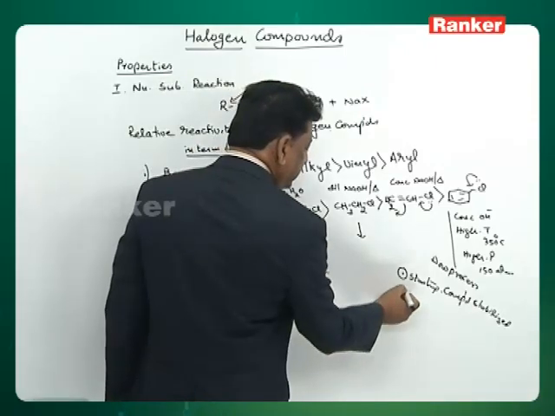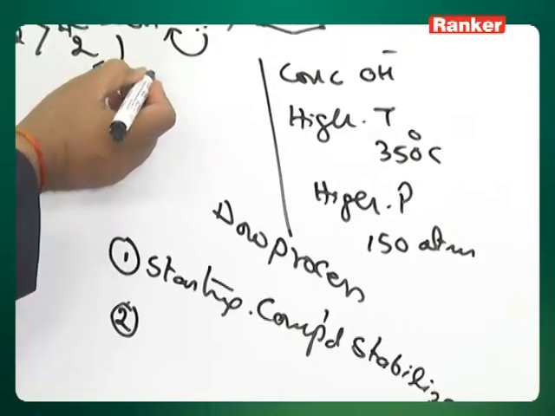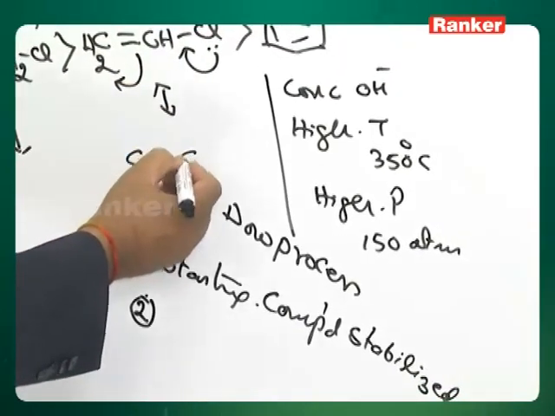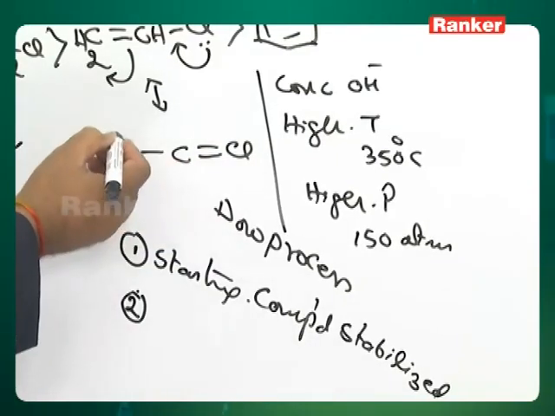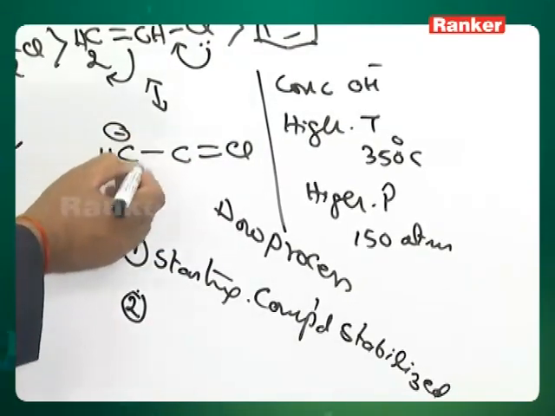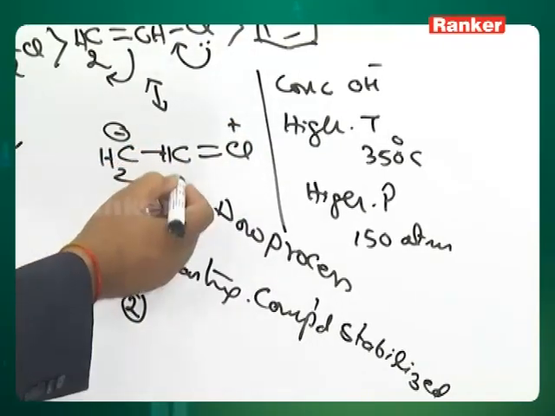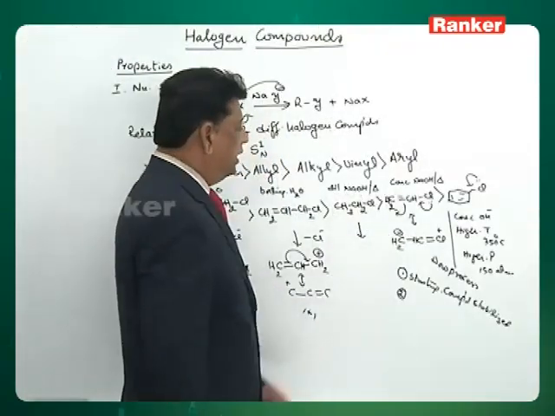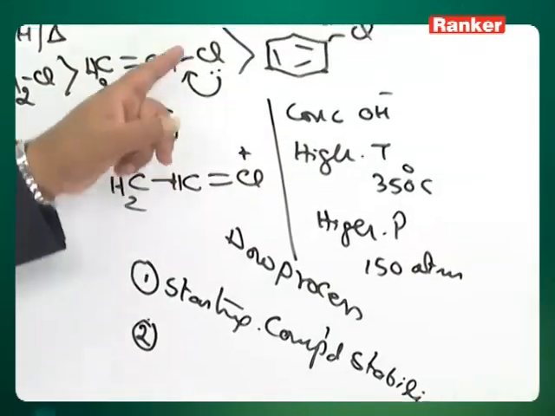The second reason is in the resonance structure. Let us write the resonance structure of vinyl chloride. In vinyl chloride, the chlorine becomes double bonded, but this is polarized to here. You will get a minus charge formed on this side, and the chlorine gets a plus charge. Finally, what you observe is that between the carbon and chlorine, if a single bond is there, someone can cut and replace.